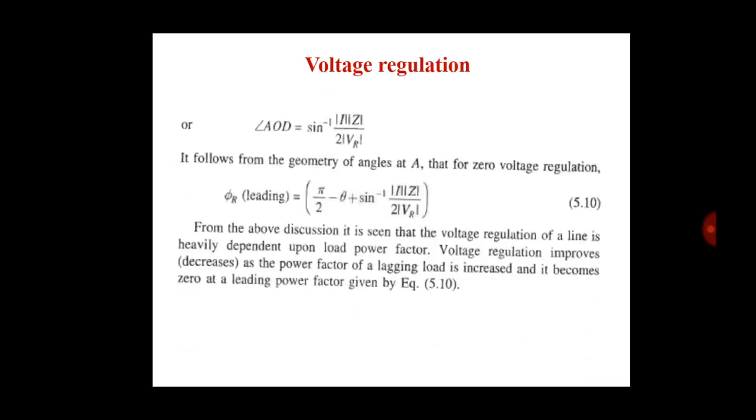So the angle AOD is equal to sin inverse of I Z divided by 2 times the magnitude of the receiving end voltage. It follows from the geometry at angle A that for zero voltage regulation, phi r leading is equal to pi by 2 minus theta plus sin inverse of IZ by 2 VR.